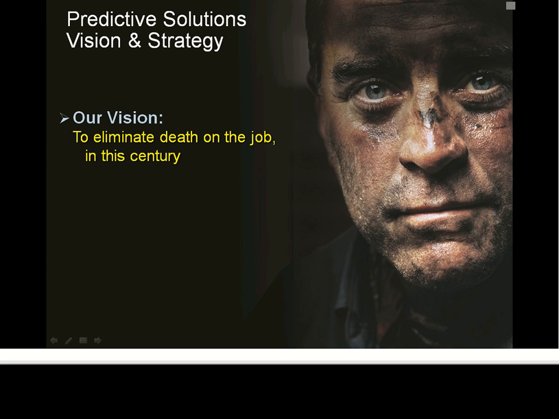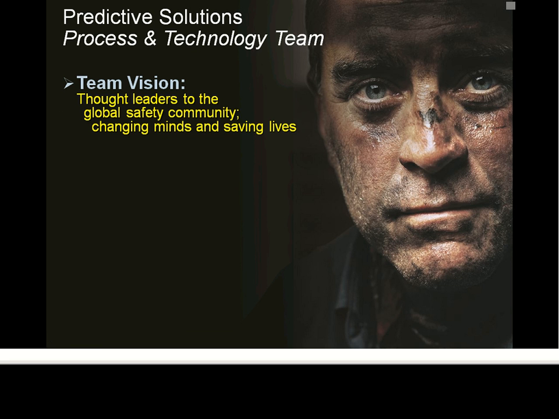Okay, so I don't know if many of you knew, but our process and technology team, we also have a team vision. We got together as a team when we sat around and thought about what we wanted to be as a group. So our team vision is to be thought leaders to the global safety community, changing minds and saving lives.